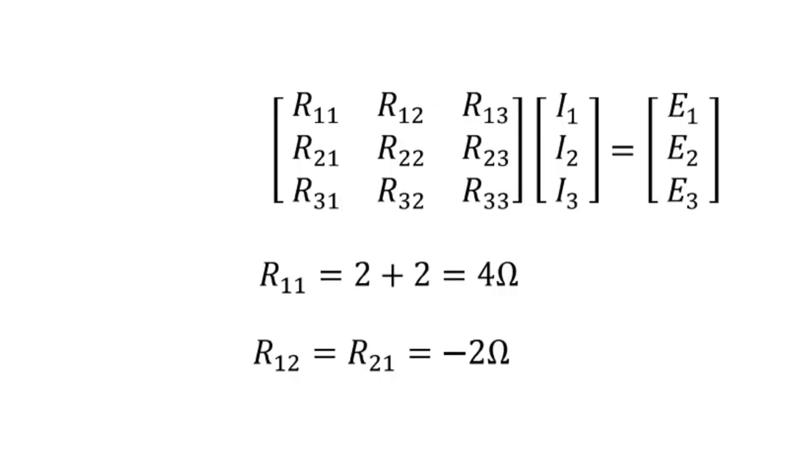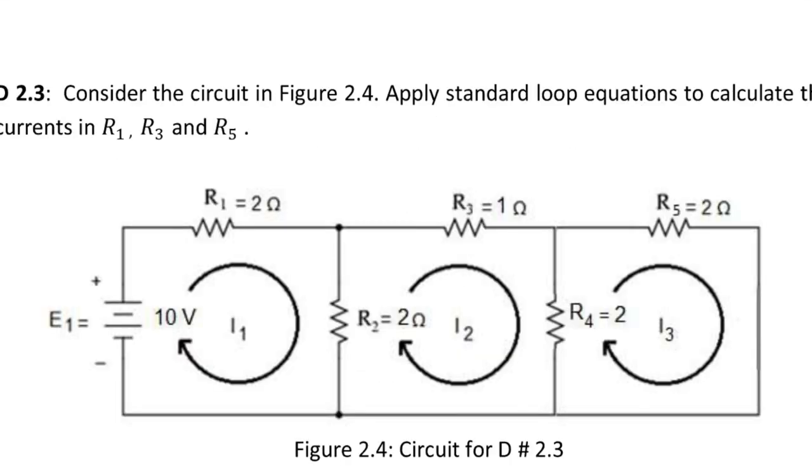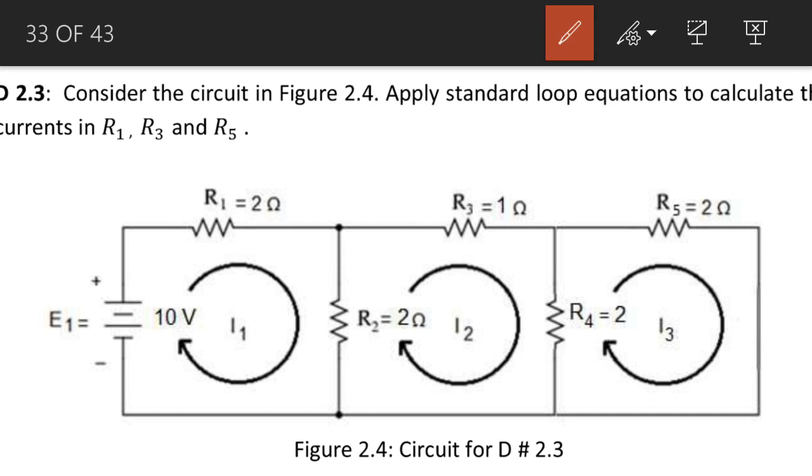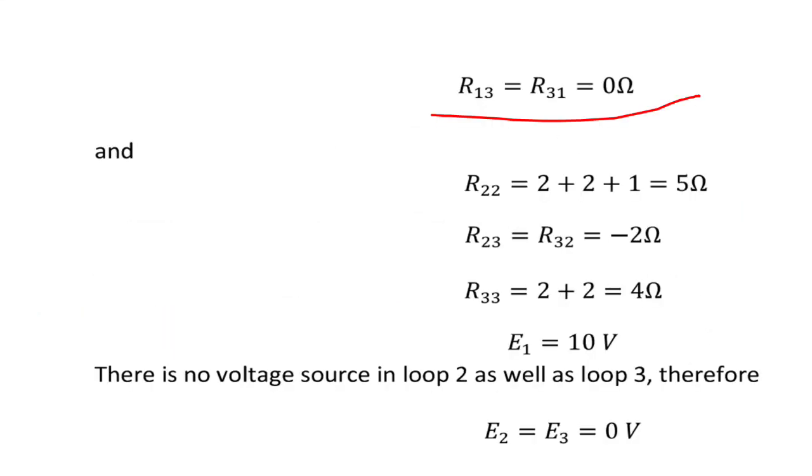So you see here is loop number 1 and here is loop number 3, and there is no resistor that belongs to both loop number 1 and loop number 3. So R13 as well as R31 is 0.